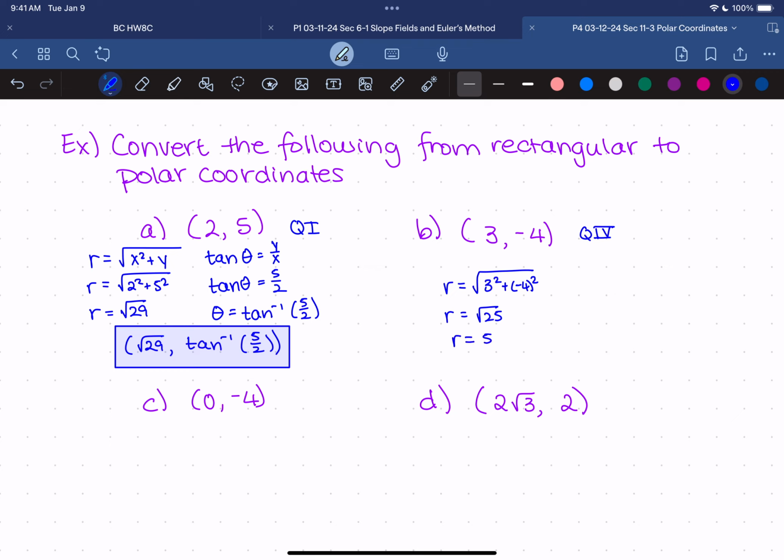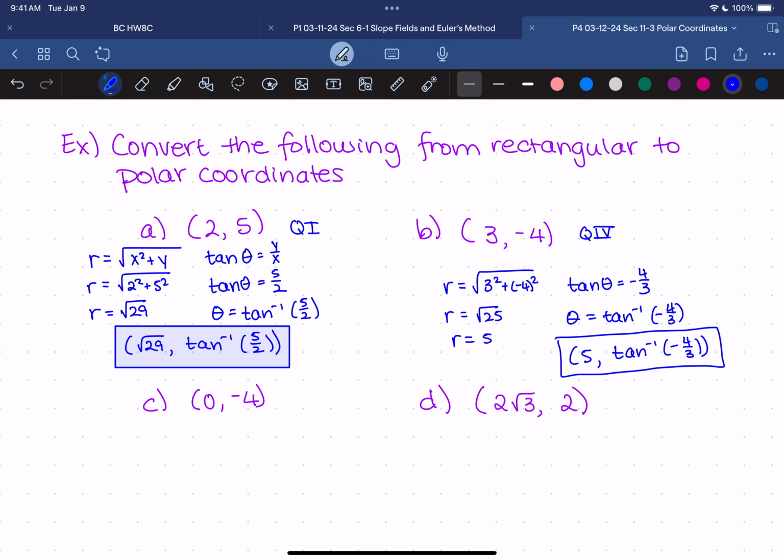This is 5. Tan theta is y over x, which is negative 4 over 3. So theta is tan inverse of negative 4 over 3. So the point is (r, theta). And there we go.